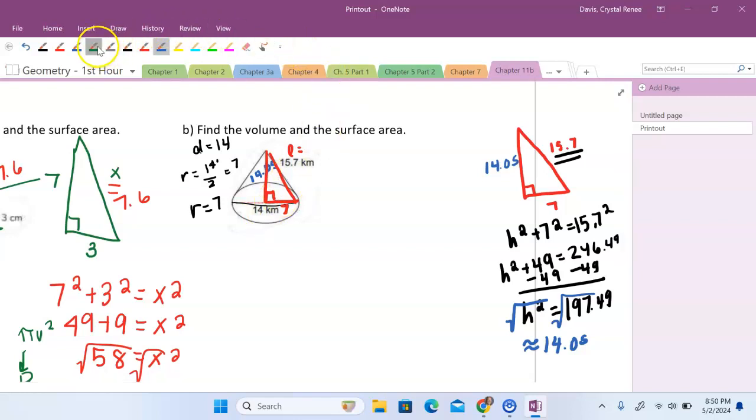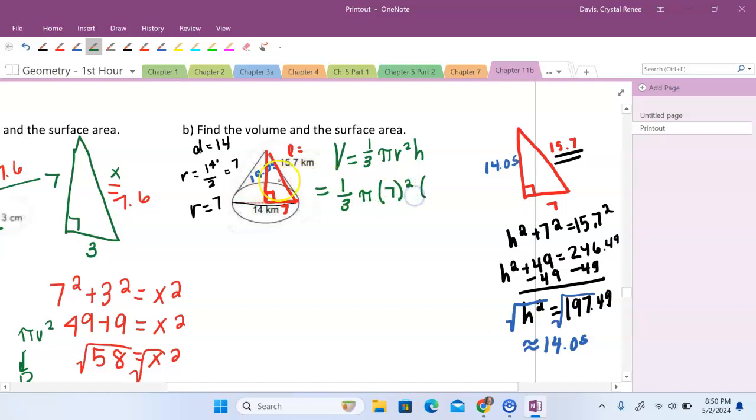Now I'm ready to calculate my volume and my surface area. So volume is 1/3 pi r squared times h, which is 1/3 pi. My radius is 7, and my height is what I just found, which is 14.05.